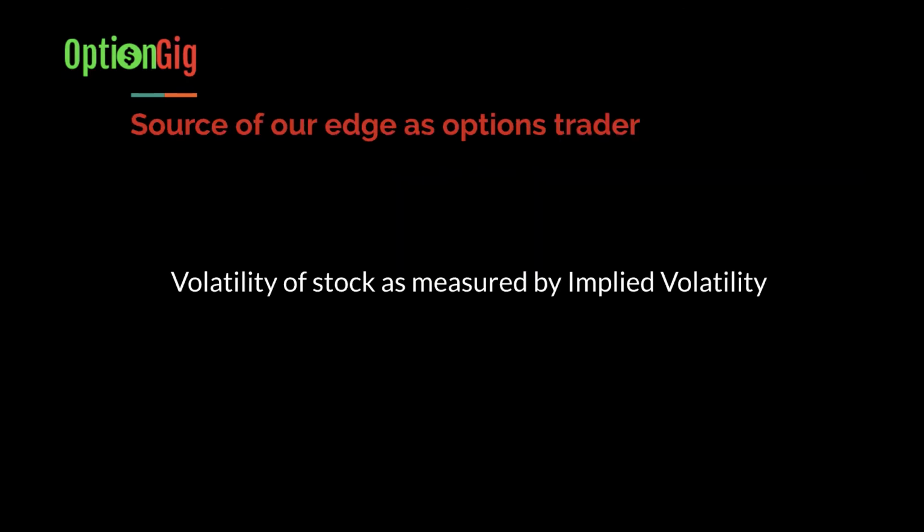Okay. So for us, that volatility, or the risk, is the source of our edge, because we have found something that over a long period of time we know is overstated, is overpriced.